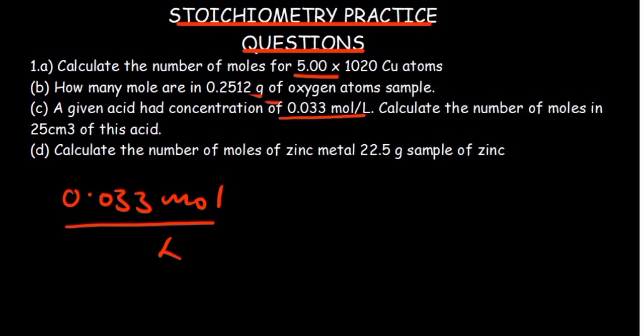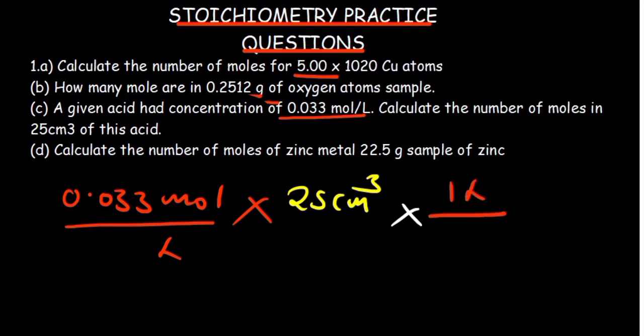So we need to make sure that the liter on the bottom cancels out, so that we just remain with a mole. How do we do that? We want to convert the given volume, 25 cubic centimeters, to liters. Every 1,000 cubic centimeters is a liter.